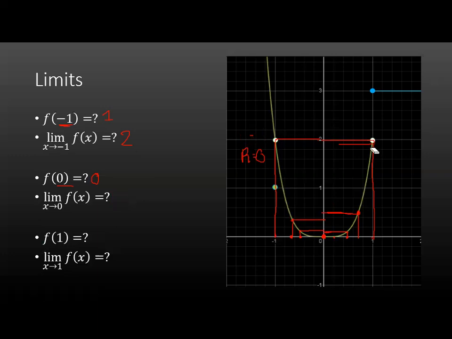Now, what would be the answer on the last problem? Okay? Hold on. f of 1. What is f of 1? So your f of 1 is here, and you have two y values. This one, which is 2, exactly. And this one, which is this shaded part, and it's 3 exactly.